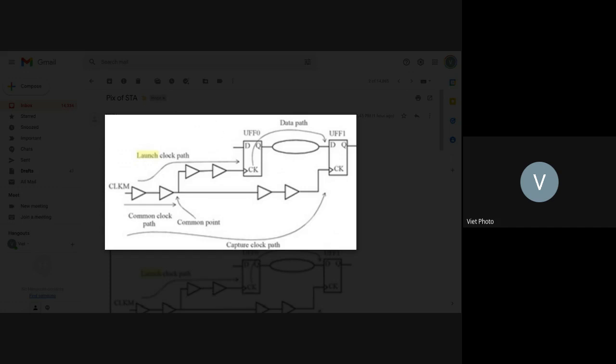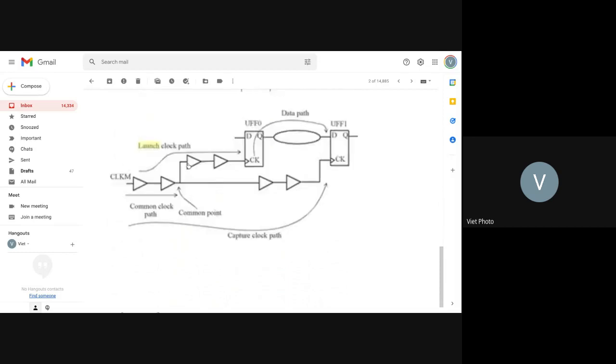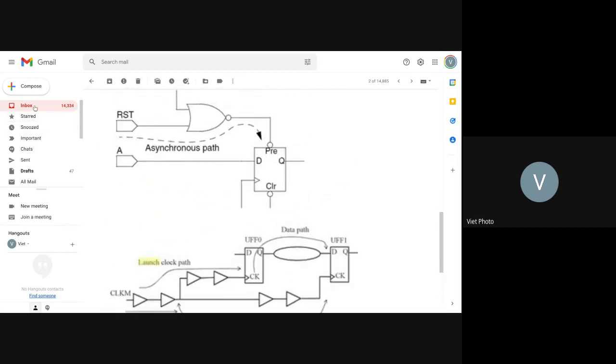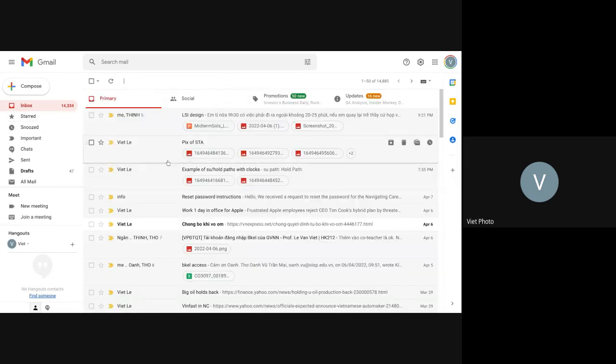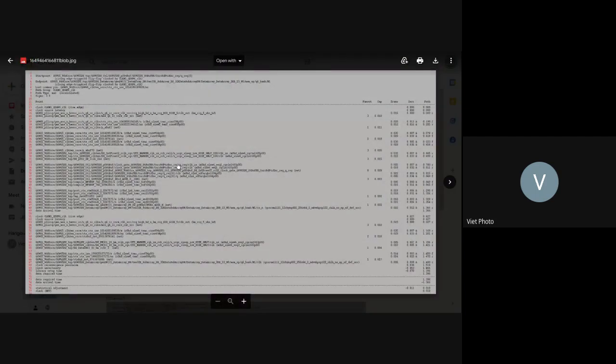Now let's look at a real timing part. Let me see, where's that? Yeah, this one. Okay, can you see that? I think it's kind of small.